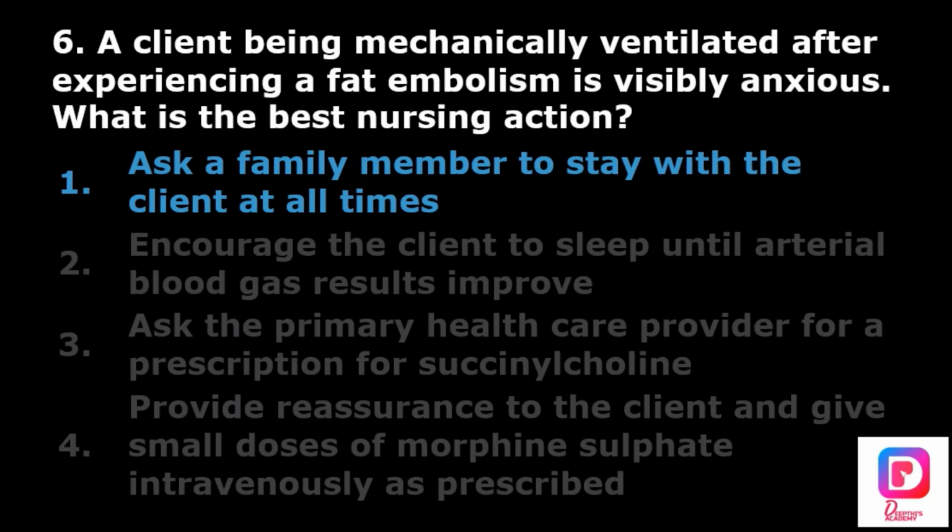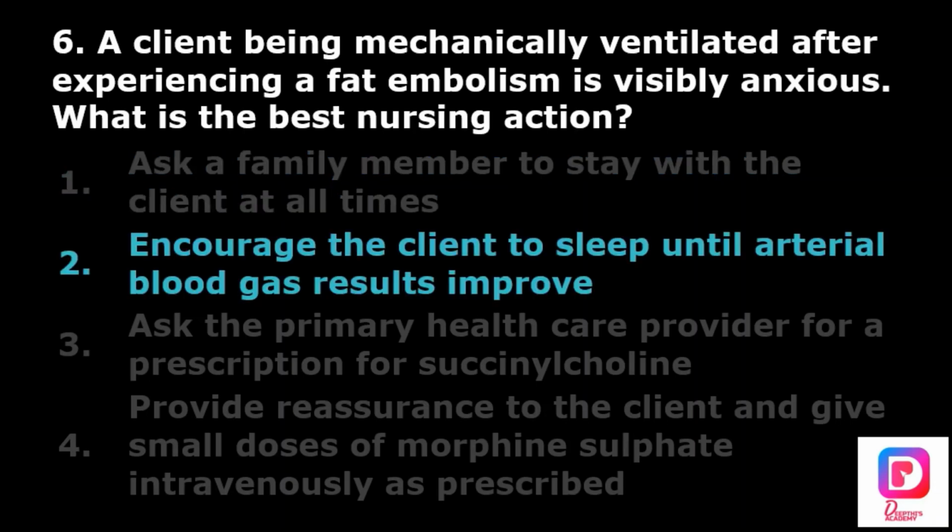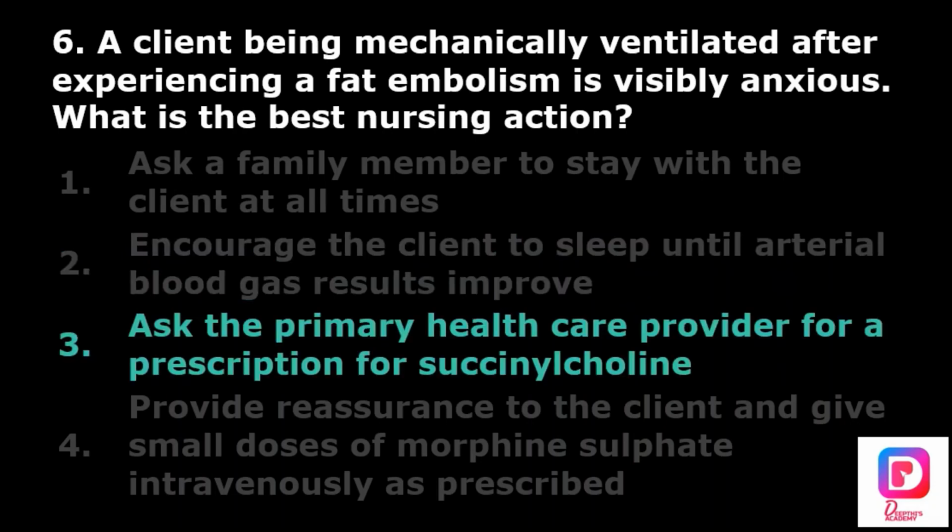A client being mechanically ventilated after experiencing a fat embolism is visibly anxious. What is the best nursing action? Option number 1. Ask a family member to stay with the client at all times. Option number 2. Encourage the client to sleep until arterial blood gas results improve. Option number 3. Ask the primary healthcare provider for a prescription for succinylcholine.